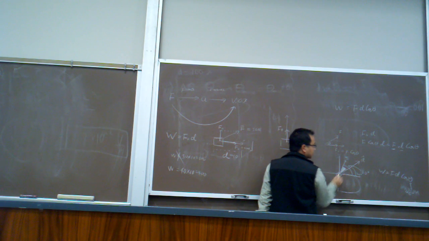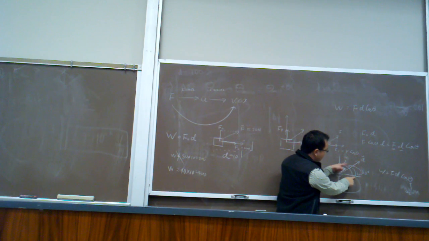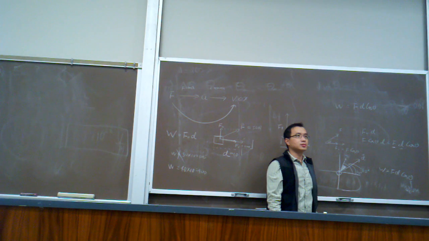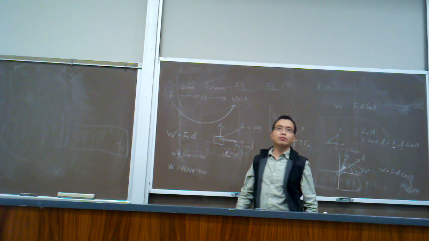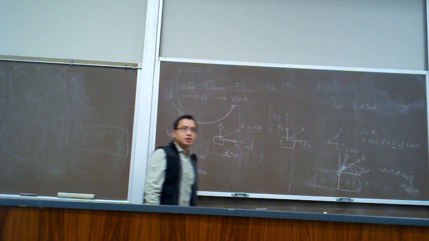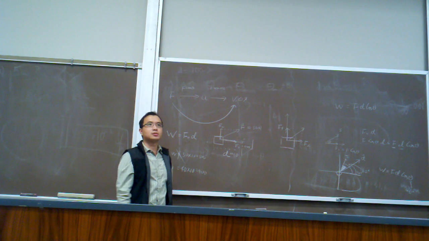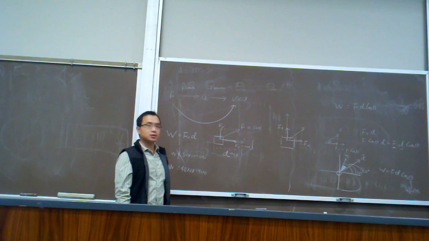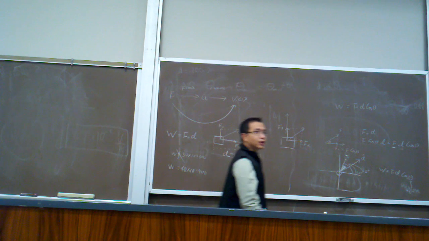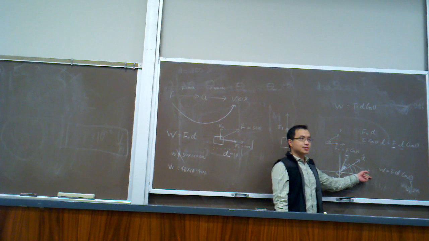So it should be 60 subtract 20. That's very important. You have to remember that this angle theta, by definition, is the angle between two directions. It may not be the angle measured from the x-axis.